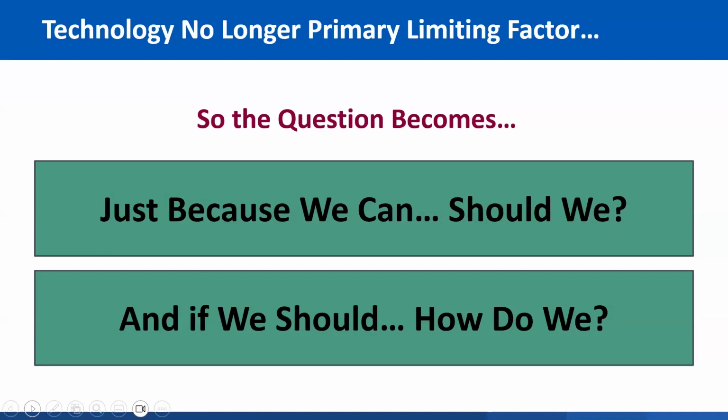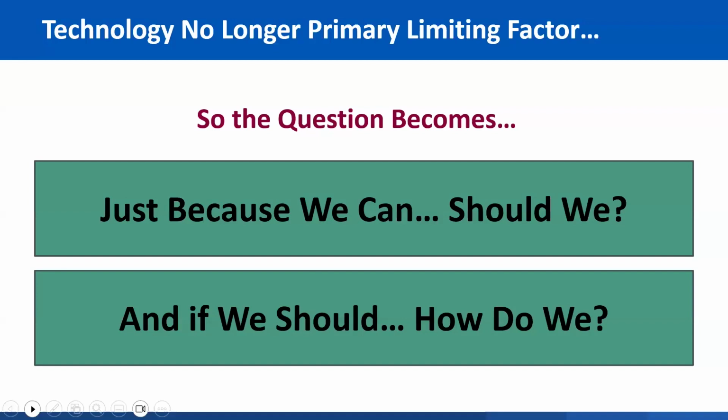And if the answer to that question is yes, we should, then we need to consider how we do that in a way that allows for continued innovation, respects familial autonomy and privacy, and doesn't exacerbate existing disparities in health outcomes amongst children. So lots of questions for us as we continue to move forward.